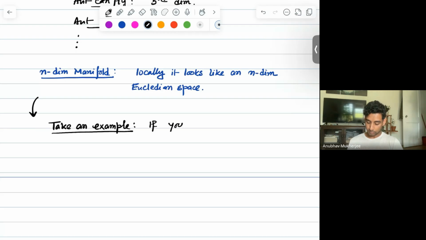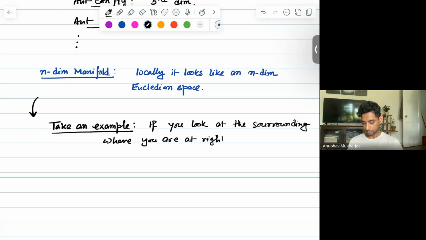If you look at the surroundings where you are right now, you observe that it is a flat plane.